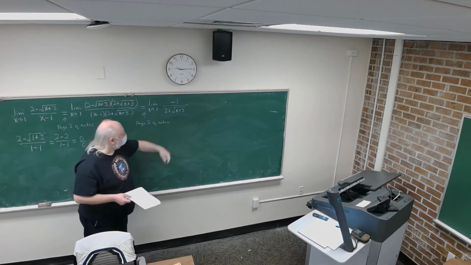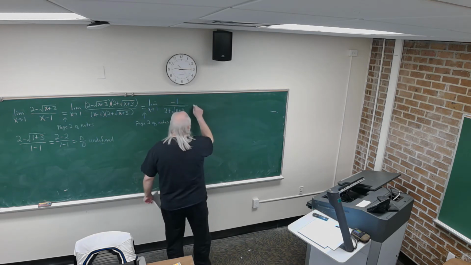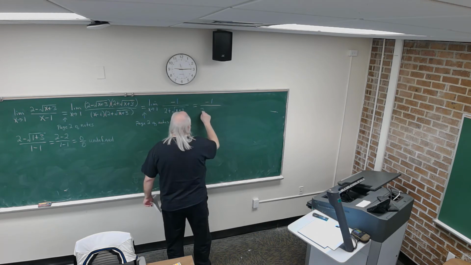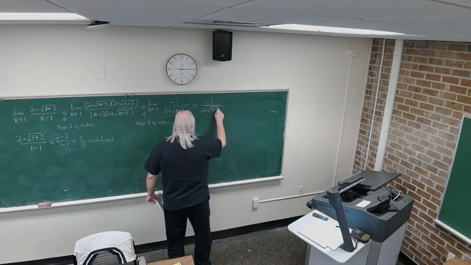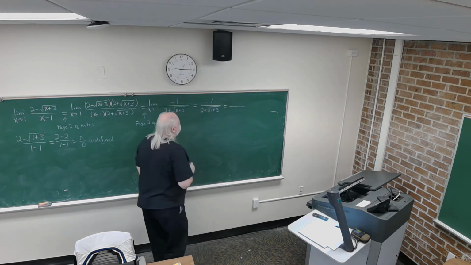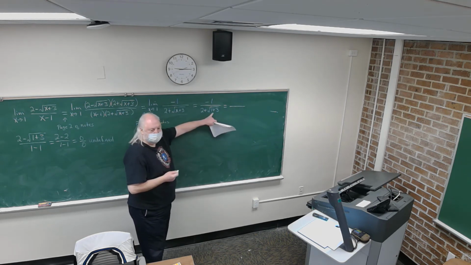Put 1 in for x. When we do that, we have minus 1 over 2 plus the square root of 1 plus 3. So again, 1 plus 3 is 4.